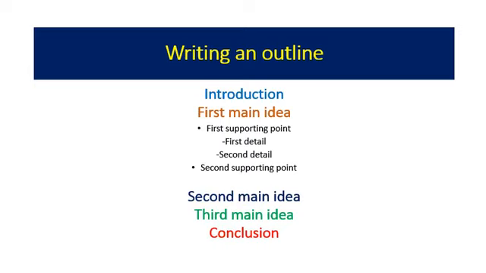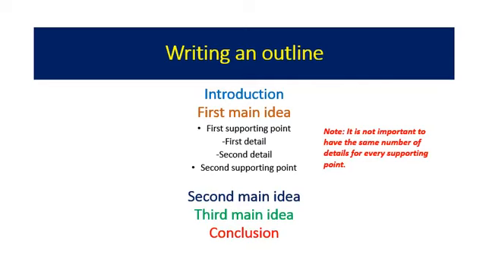Actually, I have important notes I would like to share with you. The first one is that it is not important to have the same number of details for every supporting point. In other words, let's say your first supporting point has 3 or 2 details, okay, but the second supporting point might have only 1.